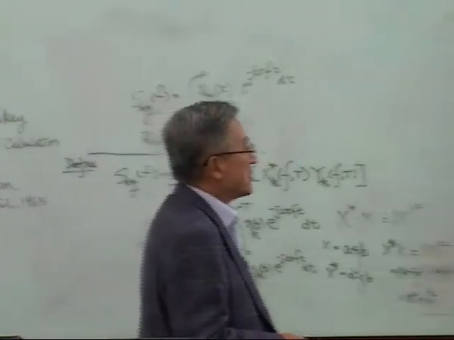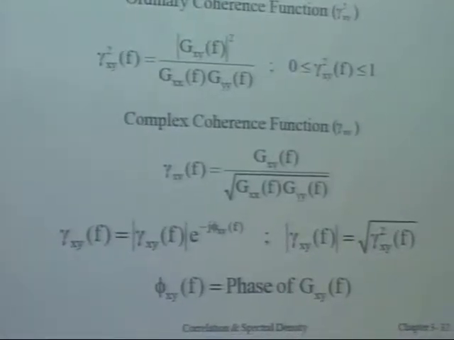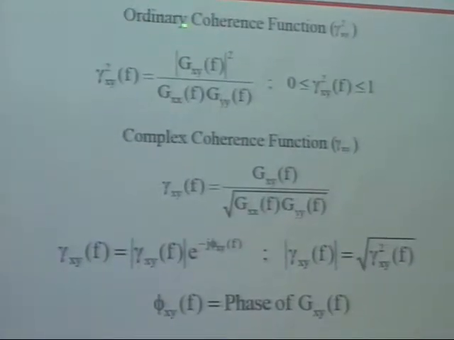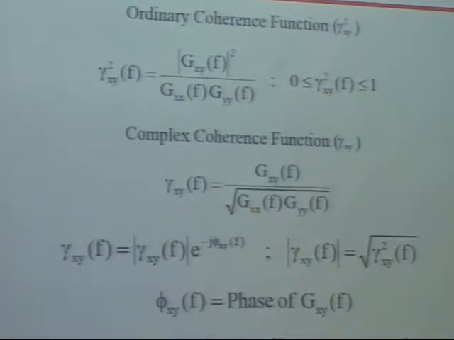So here, remember, gamma xy square is the ordinary coherence function. I should have put it here: ordinary coherence function. And this is regarding the input and output. Input means excitation, and the Y output is the response. Within the relation, noise contamination is the problem area.